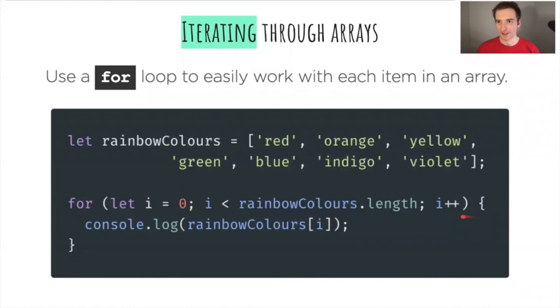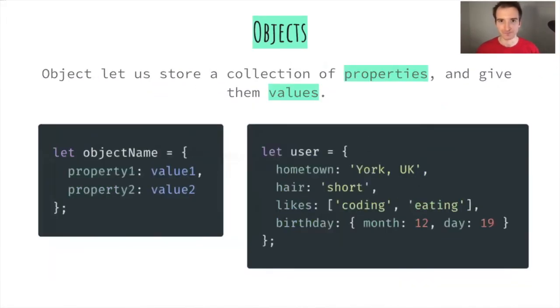Then we add 1 to that 0, so i is 1. 1 is also less than 7, so we're logging this again. This time we have rainbow colors at index 1, which is orange. And this will continue so that we log out everything that's in this array. So we can use these together quite nicely to be able to do something for every element in the array. And we'll use this pretty frequently going forward.